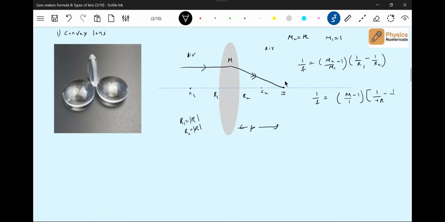So this will become minus R. So 1 by F equals mu minus 1 into 2 by R, or F equals R by 2 into mu minus 1. This we call an equiconvex lens. Convex lens only, equiconvex.